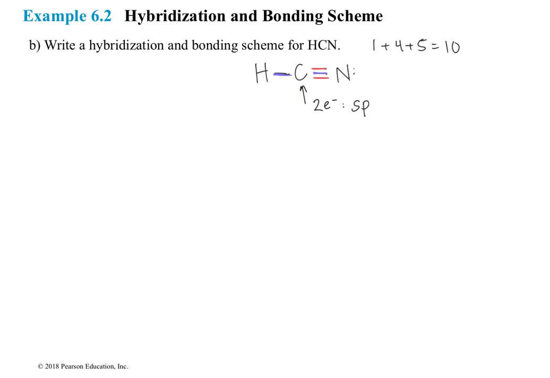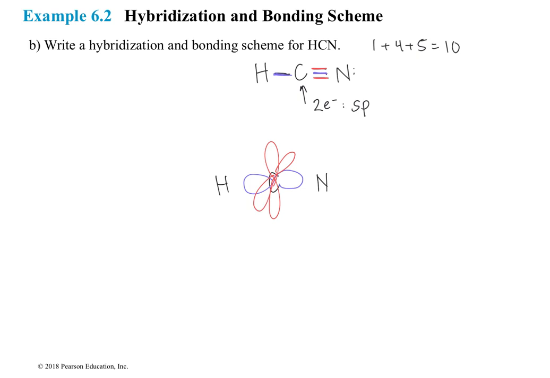So let's draw carbon, nitrogen, and hydrogen. And we can start off by drawing carbon's sp orbitals. So there's one sp orbital, here's another one. And then we know that carbon is going to have a p orbital going up and down and one going in and out like that. Okay, so there's carbon, it's done.